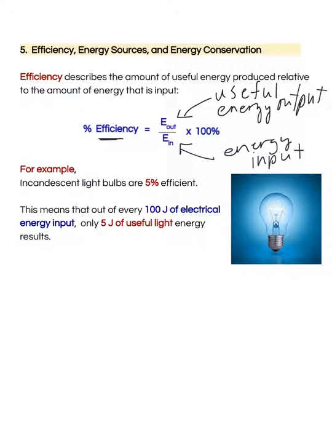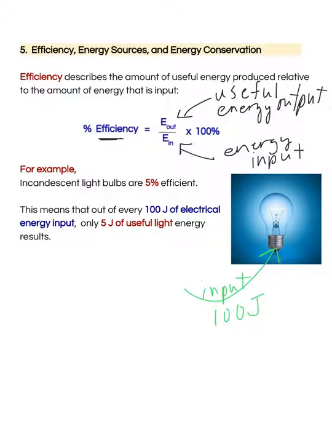If we were to consider the incandescent light bulb, we know that we are inputting a certain amount of electrical energy. That is our input. Let's say, for instance, I'm just making this value up, we input 100 joules of electrical energy.